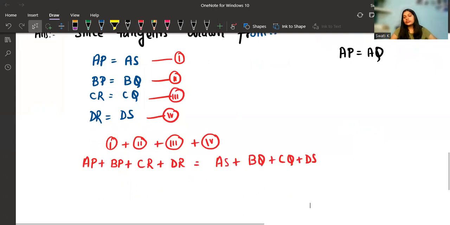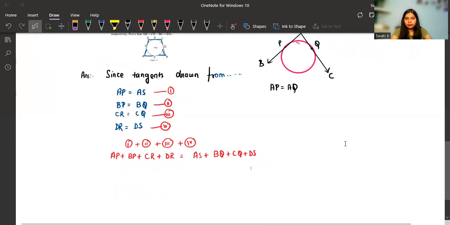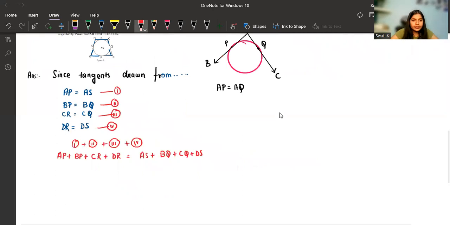Now just check what AP plus BP is. If you look at the picture, this is AP and this is BP, right? If I add these, is it not AB? Yes, it is AB. Next, CR plus DR is nothing but CD.